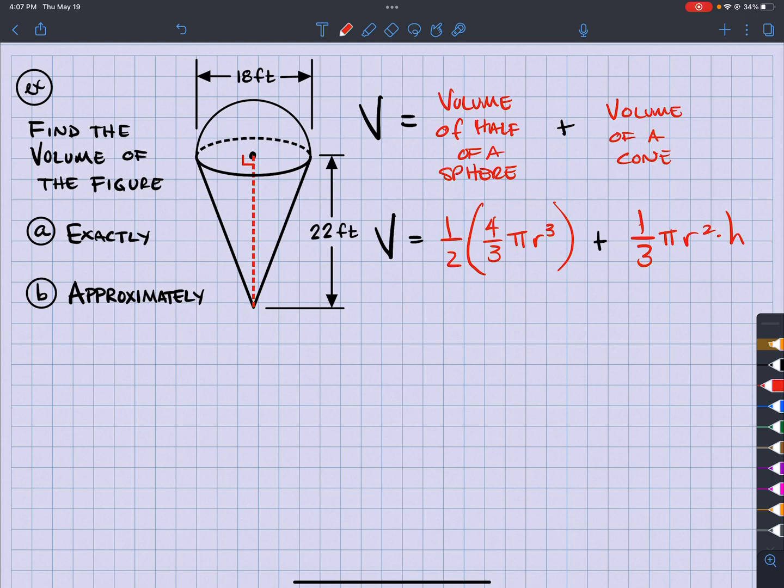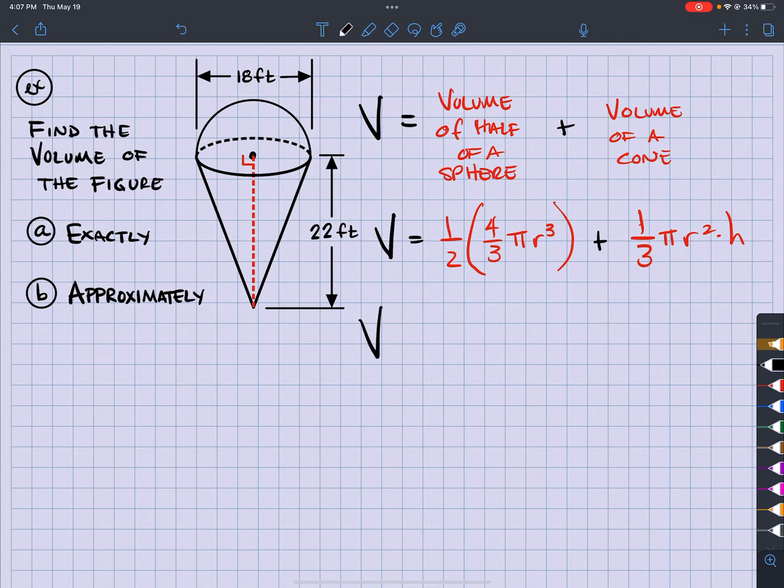So my question is, what is the radius? Well, since this is showing the full width, that must be the diameter. So the radius must be half of this, which would be 9.